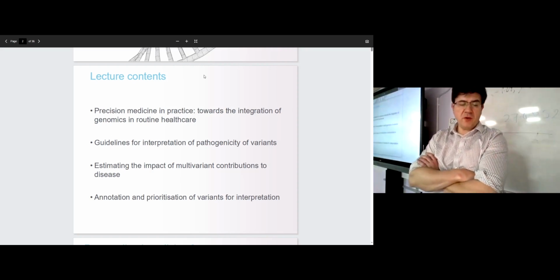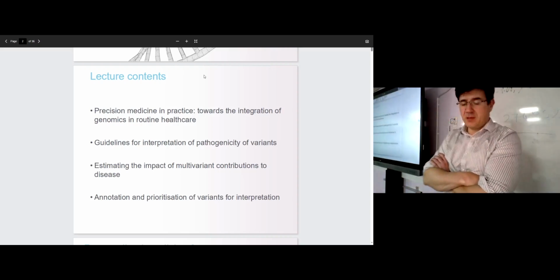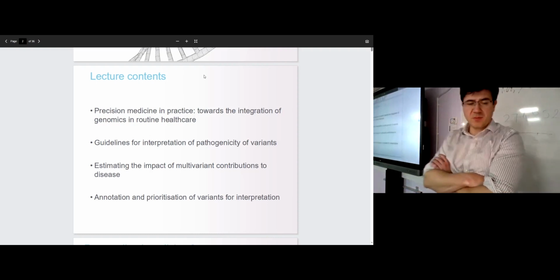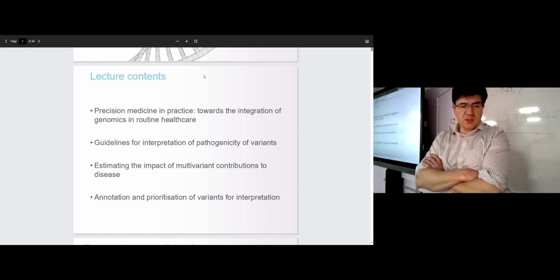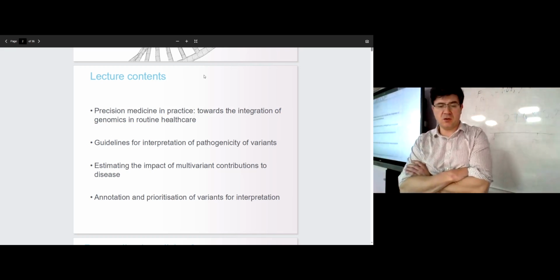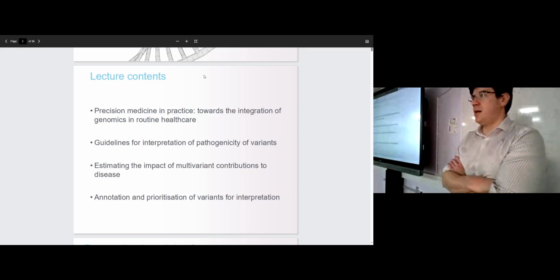I'm also going to give you examples of diseases that people die of. Specifically, I'm going to be talking about the genetics of Alzheimer's disease. And then I'm going to be talking a little bit about some of the bioinformatics databases that we use to help interpret genetic data in patients.